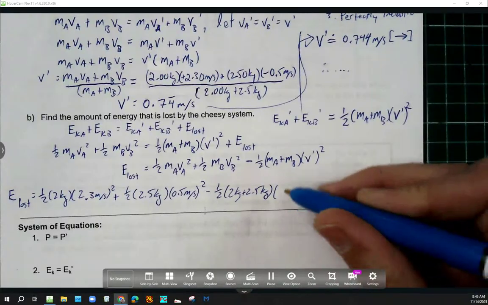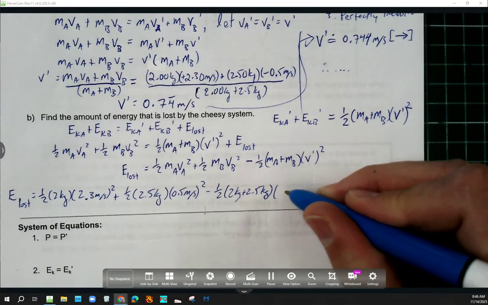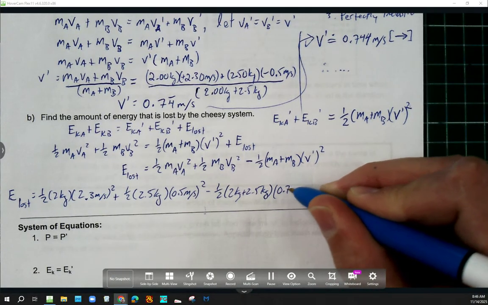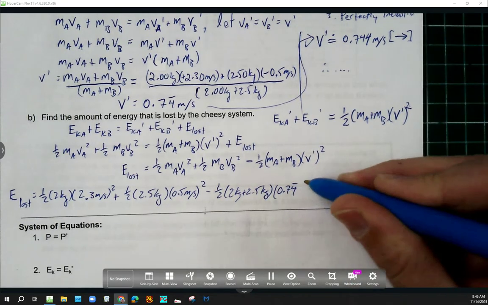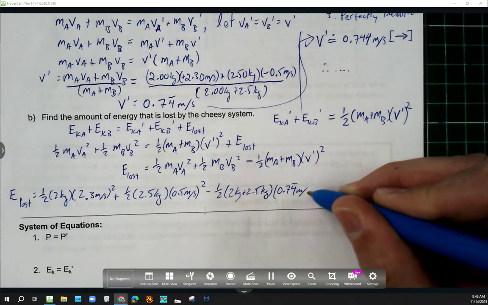We're going to use the unrounded version of V primed just to make sure we all are on the same page with that one. Make sure you get as many 4s in there as you can, unless you've held it in memory.